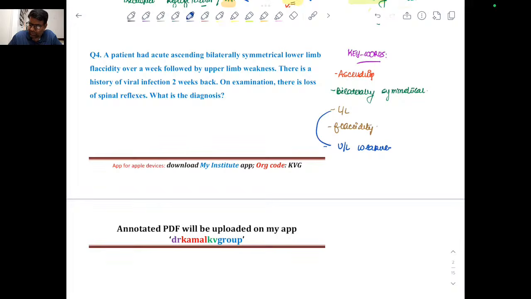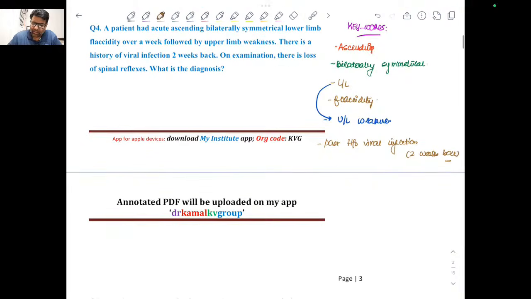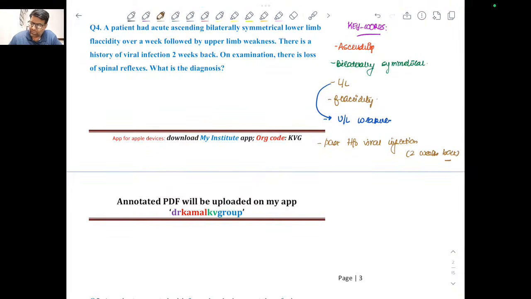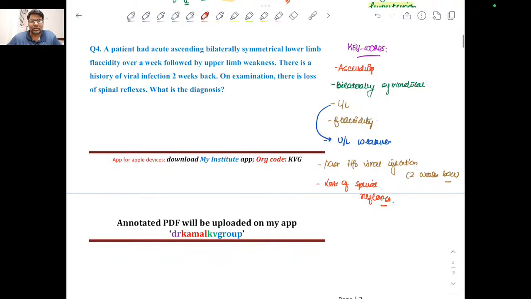So, lower limbs first, followed by upper limb. There is a past history of viral infection 2 weeks back, okay, and there is loss of spinal reflexes. So, these are the keywords which are given to us in the question.